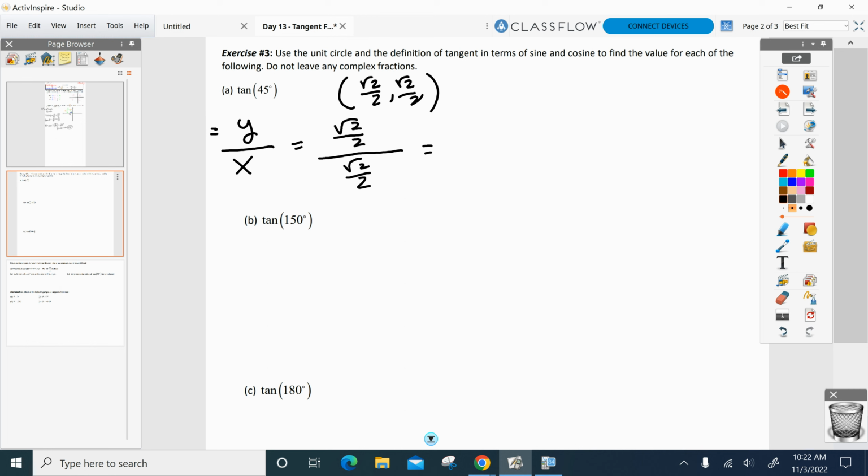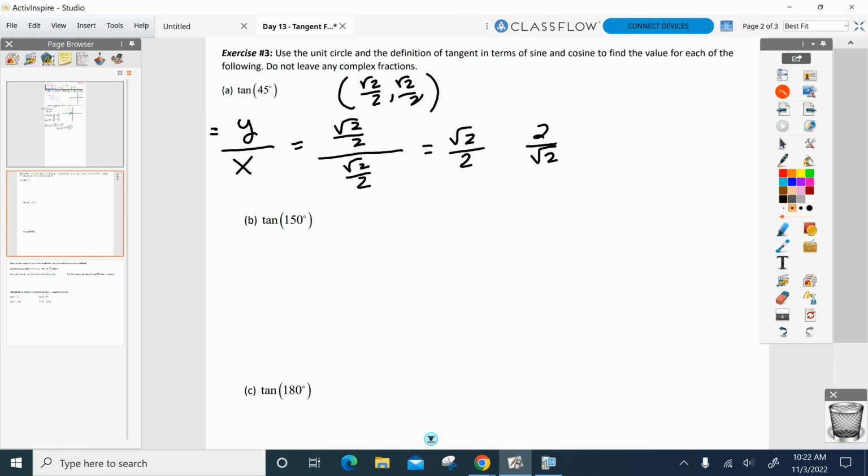This is what's called a complex fraction, and you can't leave your answers like this. That looks disgusting, right? Remember our good old skip and flip days? That's what this is. Keep the numerator the same, radical 2 over 2. Remember to do what to the bottom one? Flip it, 2 over radical 2. And then what's the new operation?